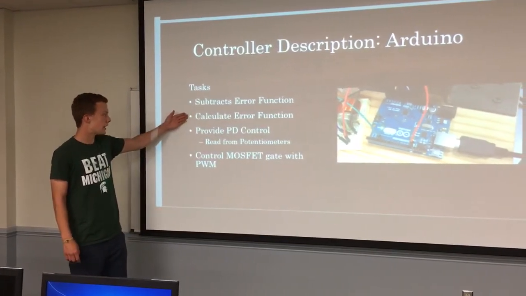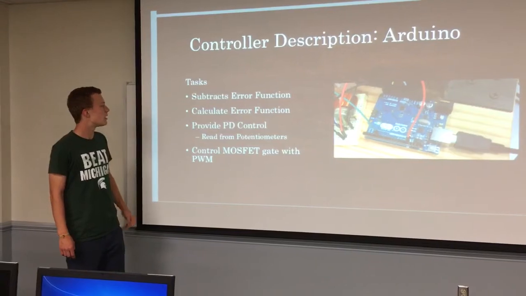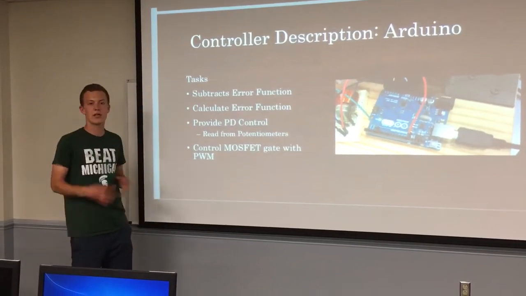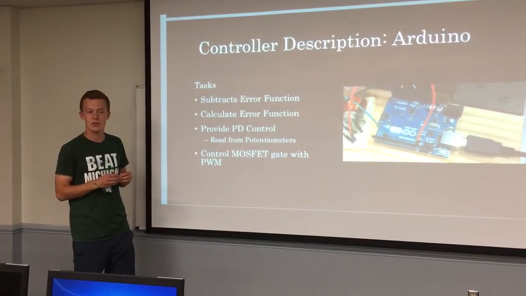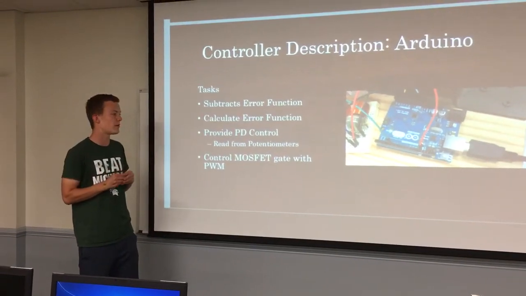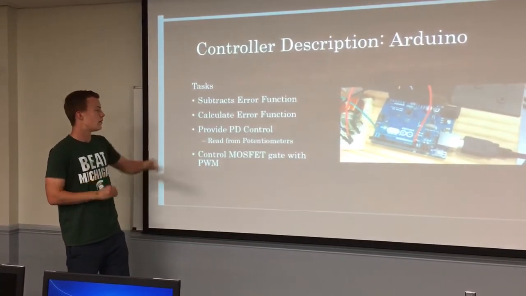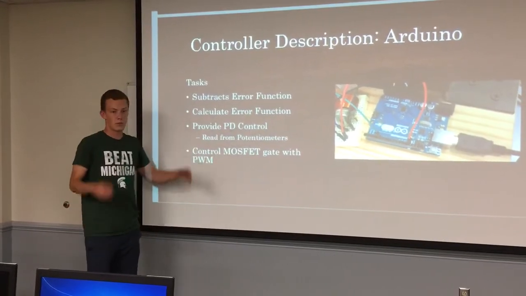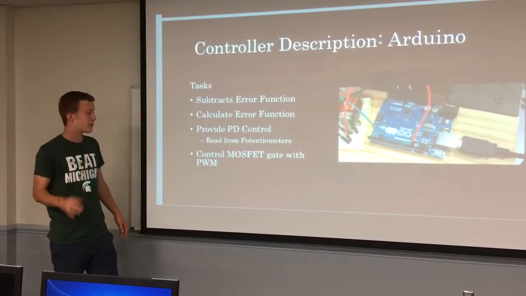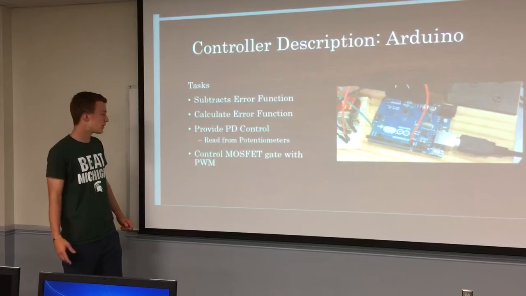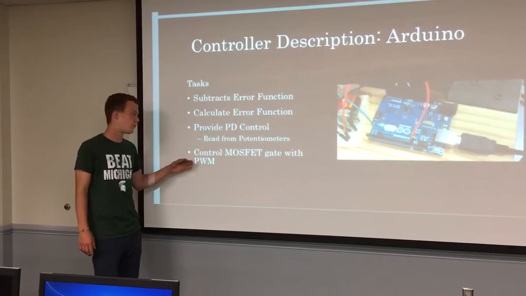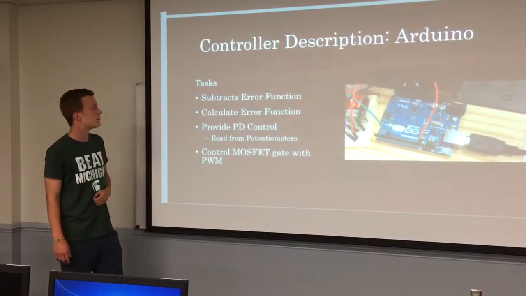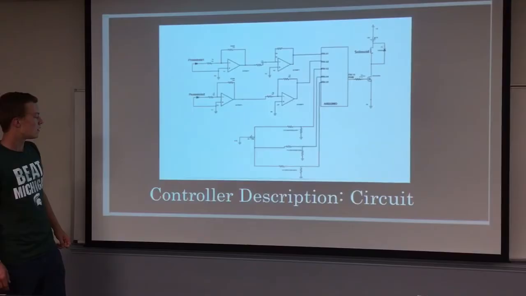Then we provide the PD control in the code by the PID function, which we have to import from the PID library. Read the potentiometers and plug them into the settings of the PID function. And then we control the MOSFET with the PWM output of the Arduino.